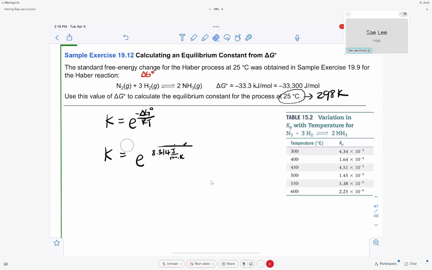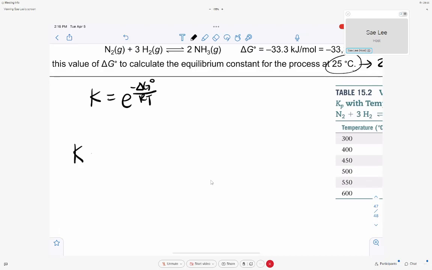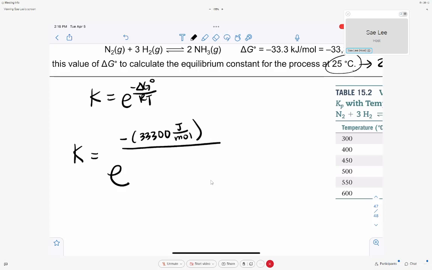Actually, I'm going to magnify this. K equals e to the negative 33300 joule per mole, divided by the gas constant, 8.314 joule per mole Kelvin, times 298 Kelvin.